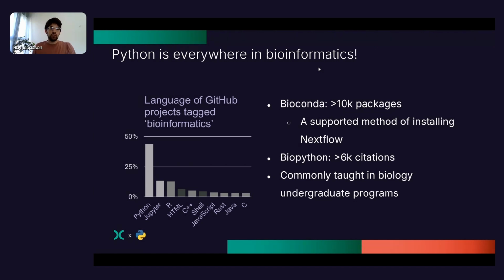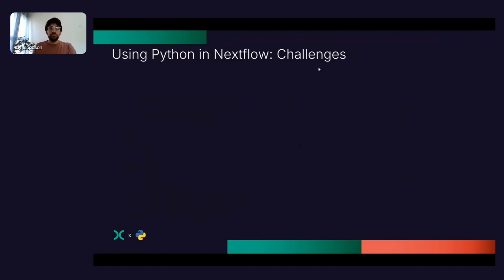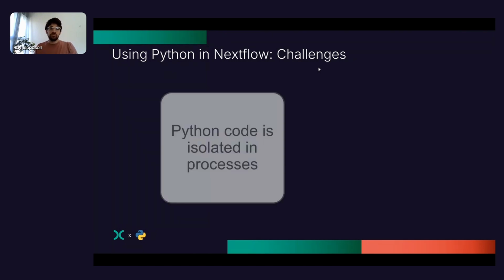Now, if you want to do Python in Nextflow, there are a few challenges, and two of the main ones that I see are, first, that Python code in Nextflow is always isolated in processes, which creates overhead and some boilerplate and is just a bit annoying.